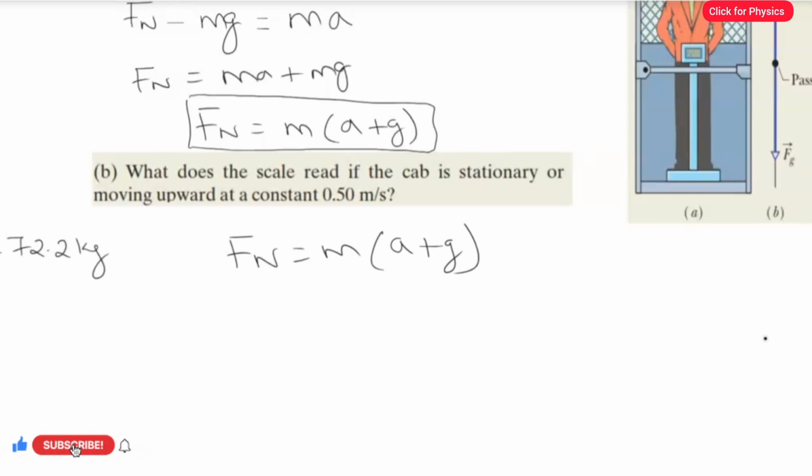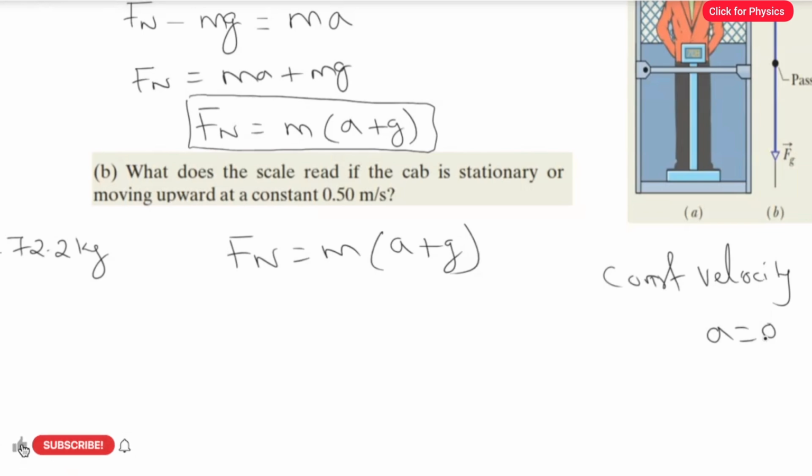For constant velocity, what is the acceleration? The acceleration is considered to be 0. So now we have to find the scale reading if the cab is stationary or moving upward with a constant velocity. What will be the answer for Fn?